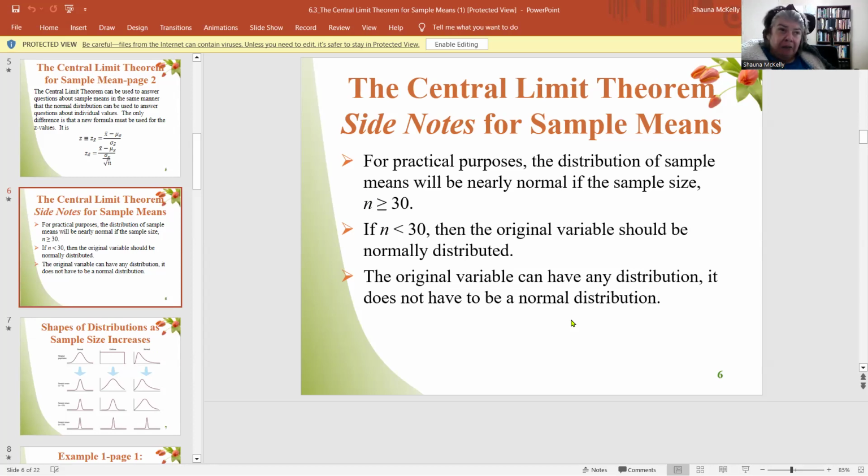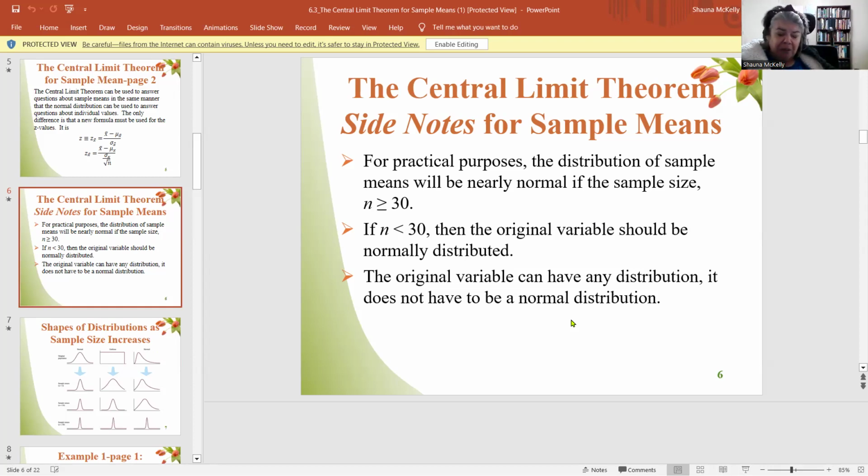If you have a parent distribution, like the population was normal, if that's given to you, then the sampling distributions that derive from that will of necessity be normal. So if you start with something that's normal and you extract samples out and you create another distribution, that has to be normal.